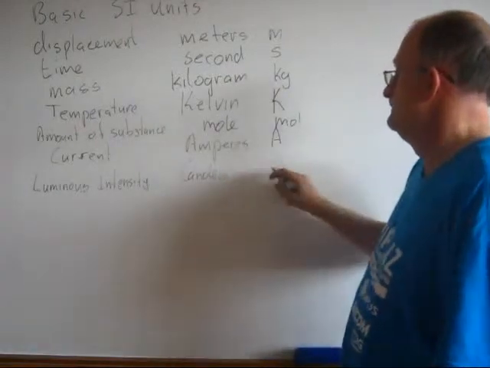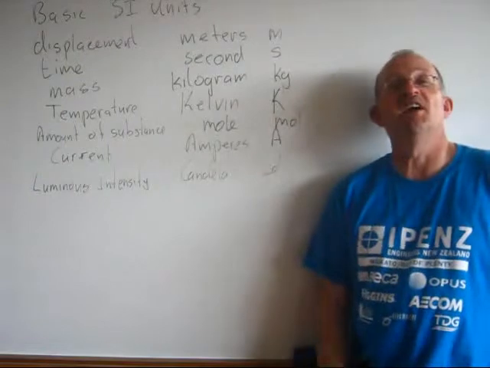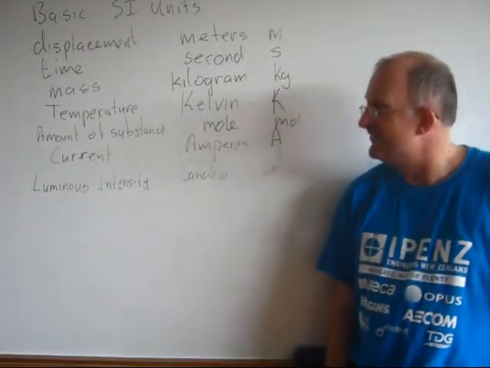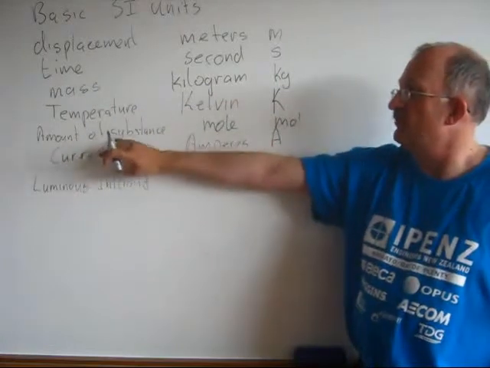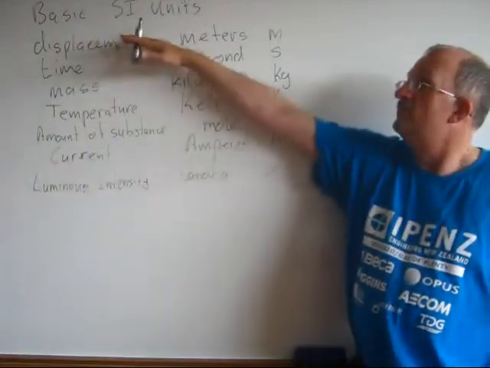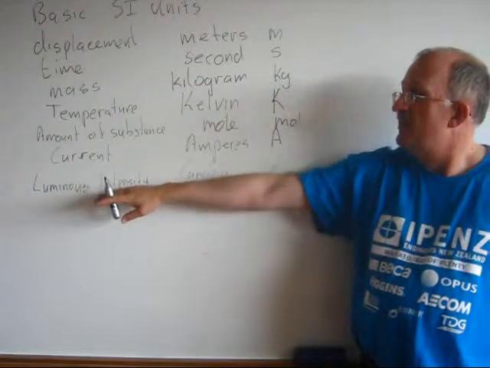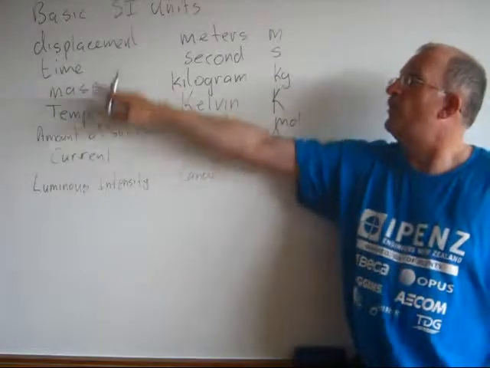Okay. This last one is a bogus unit. These, displacement, time, mass, temperature, amount of substance, current, okay, they're all base units. This one can be made up of these units.